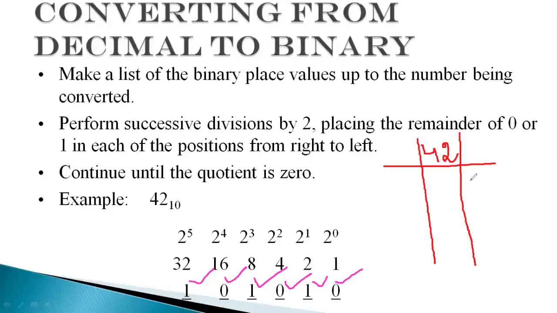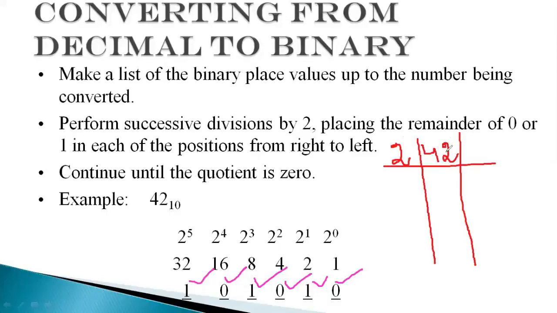But when you are going to convert a decimal number into the binary number system, the rule is that you have to divide the number only by 2. We do not care whether it is divisible by 2 or not. If it is divisible by 2, we will get the remainder 0.